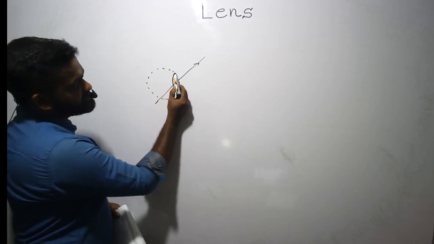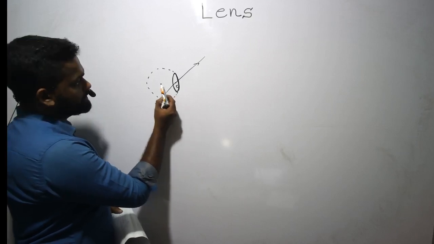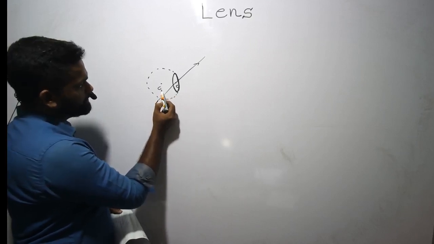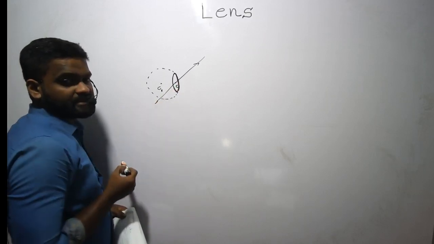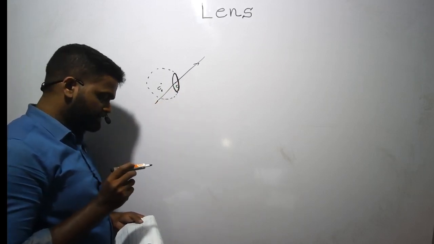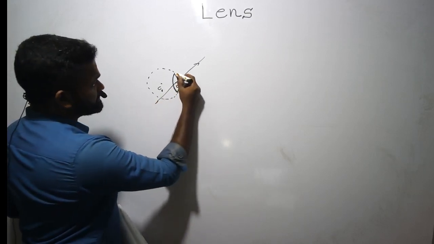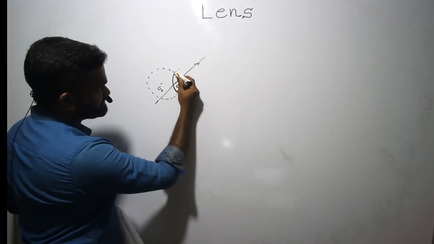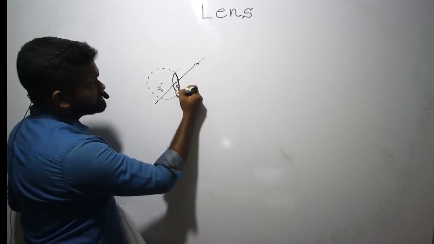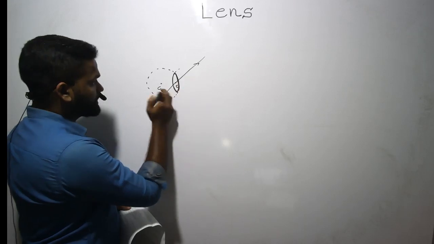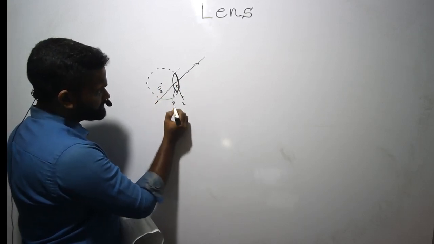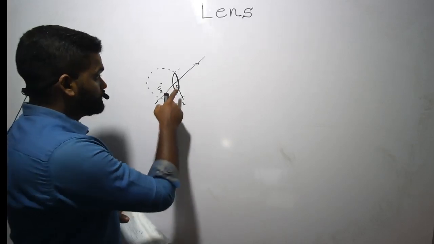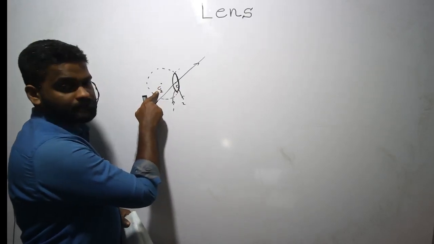And if you consider this surface, that curvature has a center. That is what we call C1, right? Then this surface, that is the first surface, right? For the first surface, actually this is C2, right? This is the second surface. This is the first surface. For the first surface, you have C2 here.